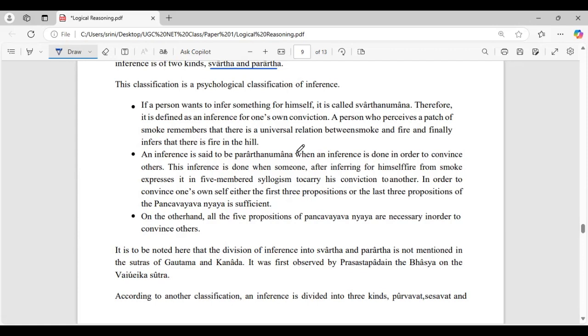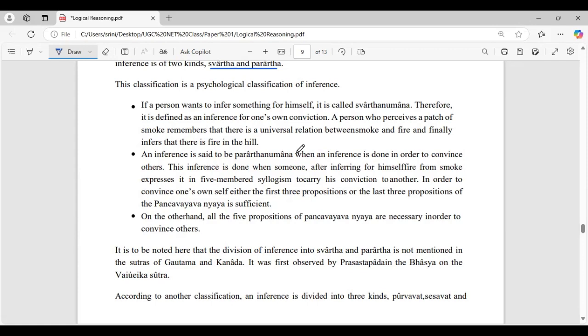In order to convince oneself, either the first three propositions or the last three propositions of the Panchavayava Nyaya are sufficient. On the other hand, all five propositions of the Panchavayava Nyaya are necessary in order to convince others.